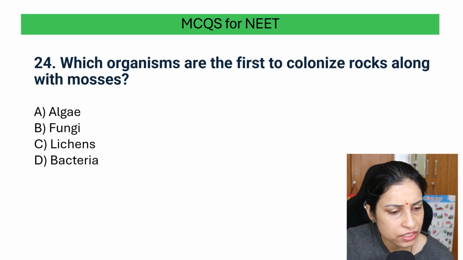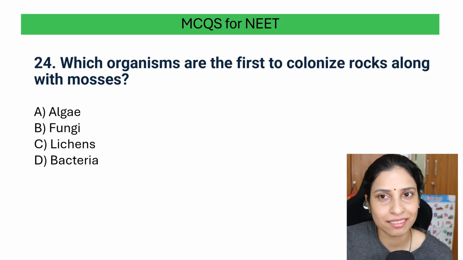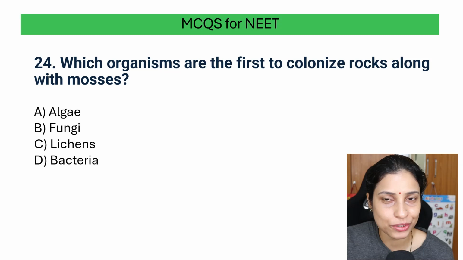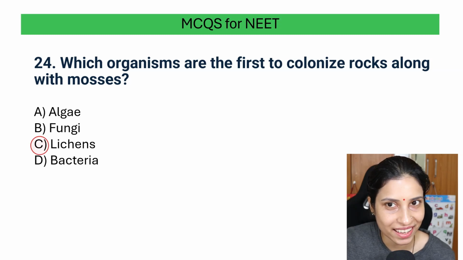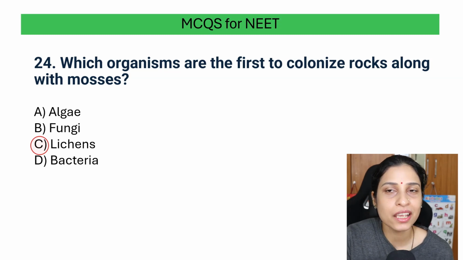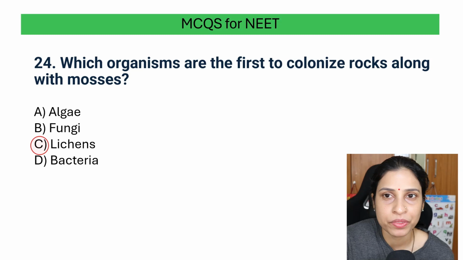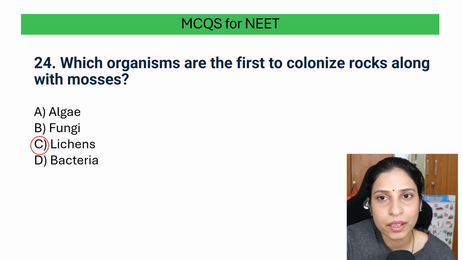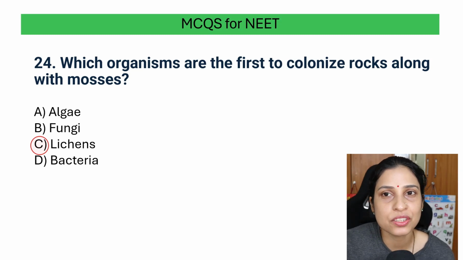Then next, which organisms are the first to colonize rock along with moss? This is one of the extra knowledge questions, but it is there in the NCERT book. You go and check, you will find this statement. Lichens. Lichens are a combination of algae and fungi, which live together in a mutual association.